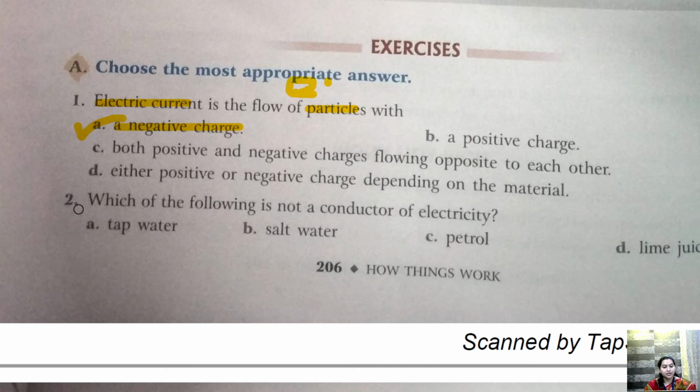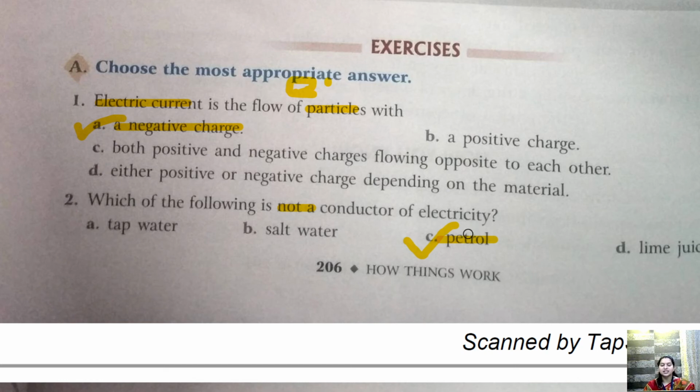Now, second question. Which of the following is not a conductor of electricity? Tap water, it is a conductor of electricity. Salt water is a conductor of electricity. Lime water is also a conductor of electricity. But petrol is not a conductor of electricity because no acid, no base and no salt is present in petrol.